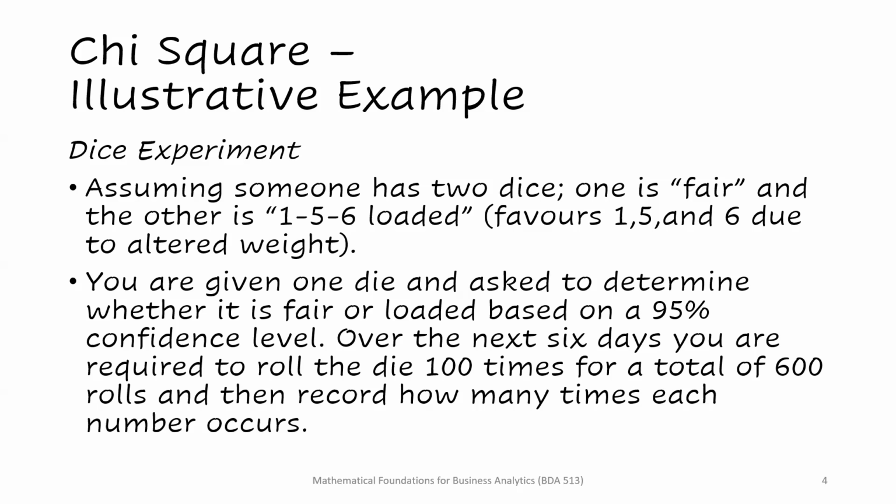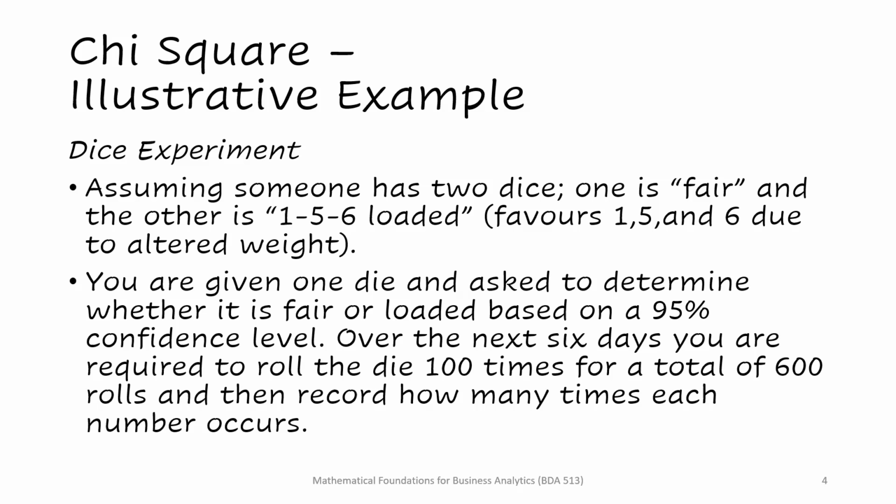You are given one die and asked to determine whether it is fair or loaded based on a 95% confidence level. Over the next 6 days, you are required to roll the die 100 times for a total of 600 rolls, and then record how many times each number occurs.